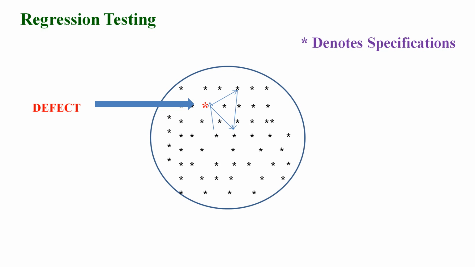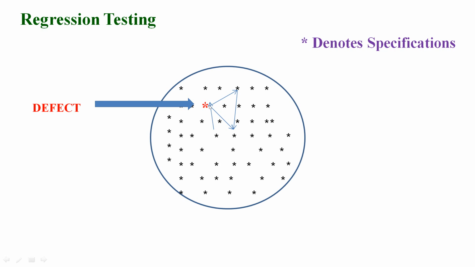I repeat. All these stars, or specifications, are the functionalities. During this testing, the software test engineer has found a defect in this particular functionality. Now, this functionality is linked with this functionality and this functionality.